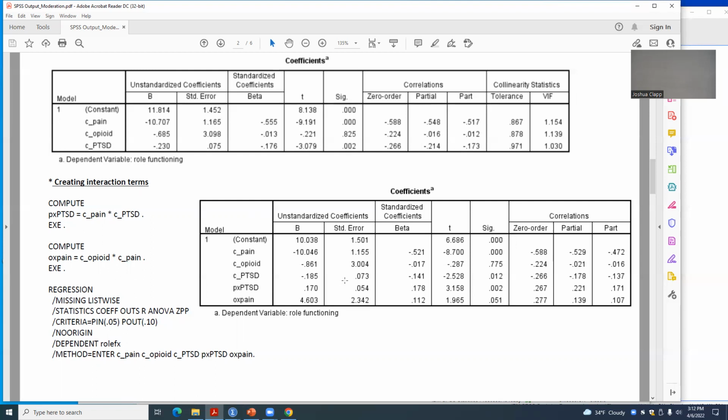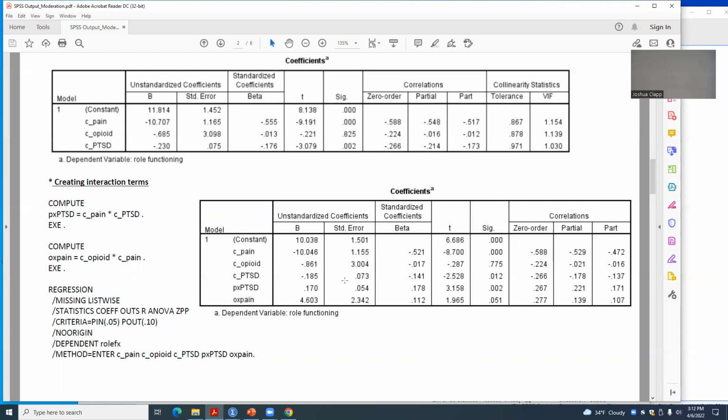That's the stock answer anytime, and it's reversible. You can switch that around. Say the association of pain with functioning is dependent on PTSD, or the effect of PTSD on functioning is dependent on pain. That's always going to be the answer.